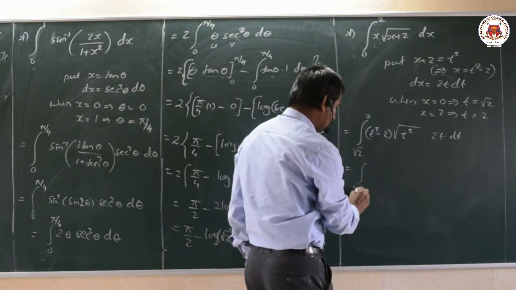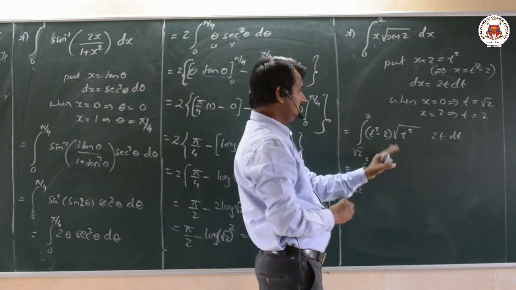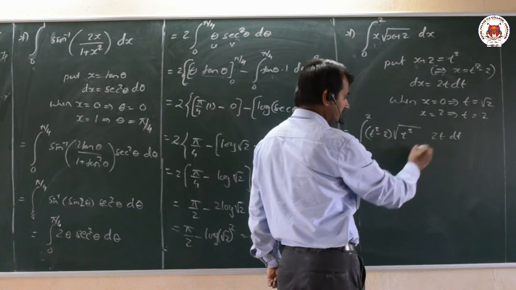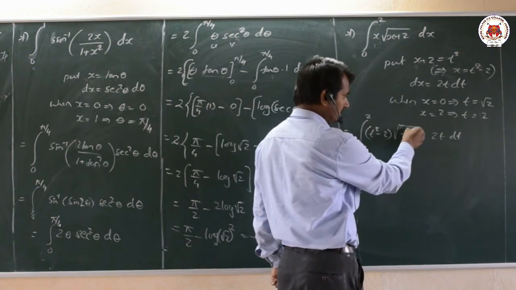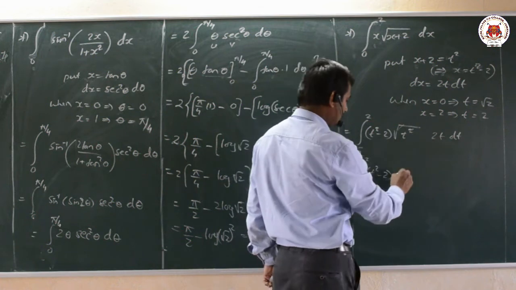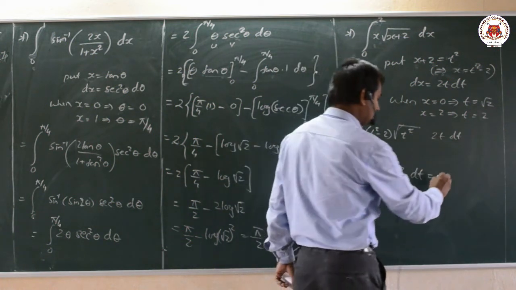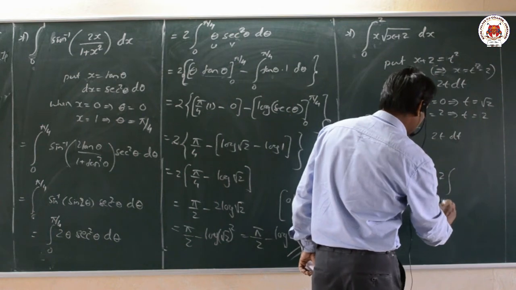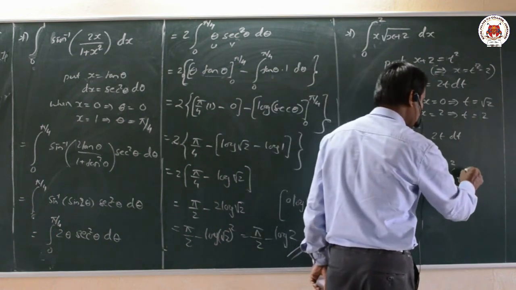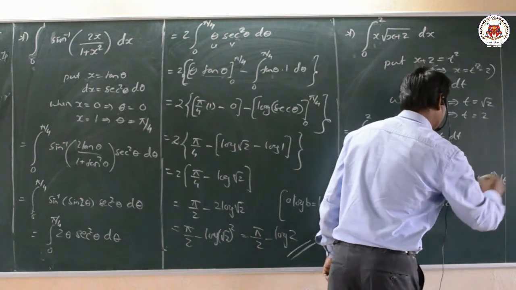Here t square minus 2, times t, times 2t. I will take 2 outside, t into t is t square dt. So the answer is 2 into the integral from root 2 to 2 of t square into t square minus 2t square, that is t raised to 4 minus 2t square, dt.